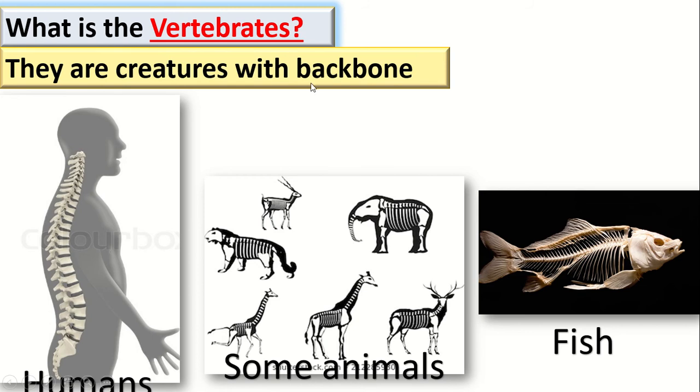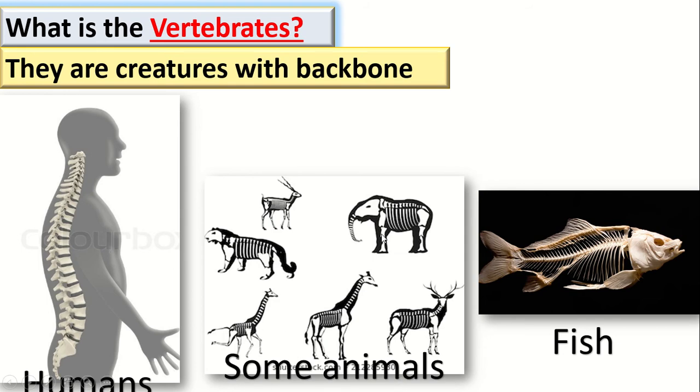A backbone. What is the backbone? Look at this picture. Can you see the backbone inside the human? This is our backbone. So humans have backbones, so humans are vertebrates, because vertebrates are any creatures that have a backbone. What else? Animals.